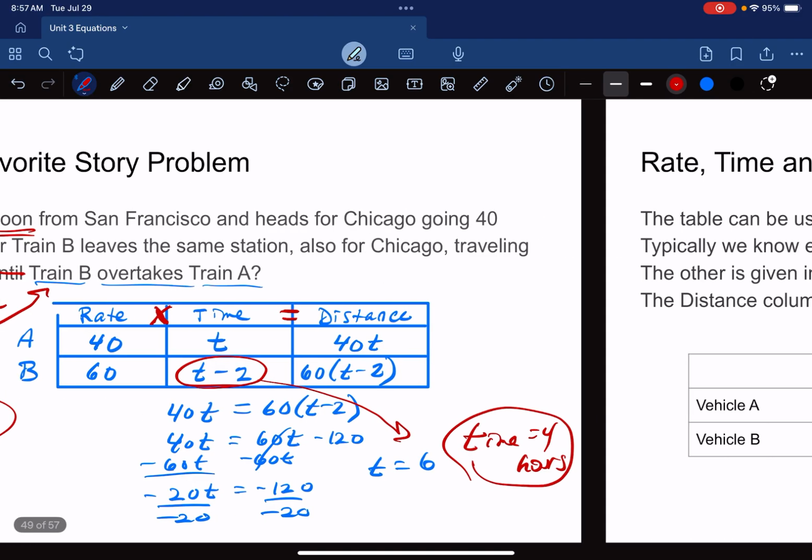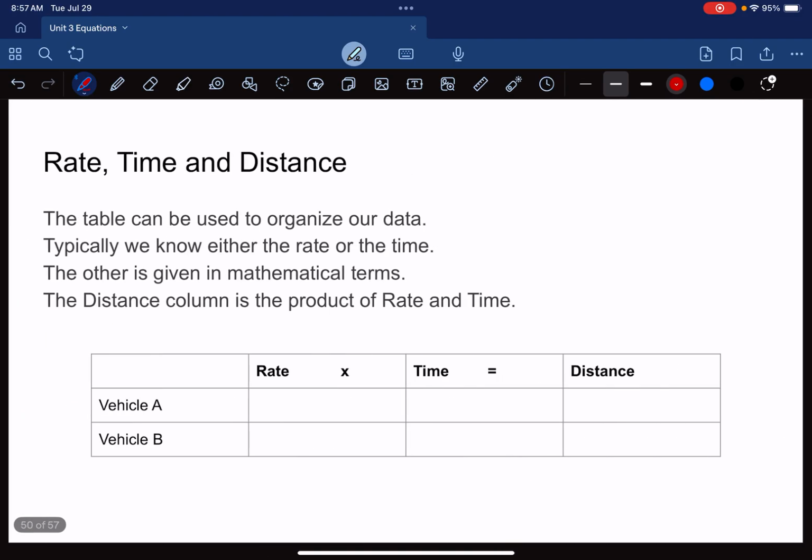All right. So here's some information about rate, time, and distance questions. The table can be used to organize your data. Typically we know either the rate or the time, and the other is given in mathematical terms. They'll give you the rates and we use T to represent time, or we'll give you the times and you use R to represent the rates.